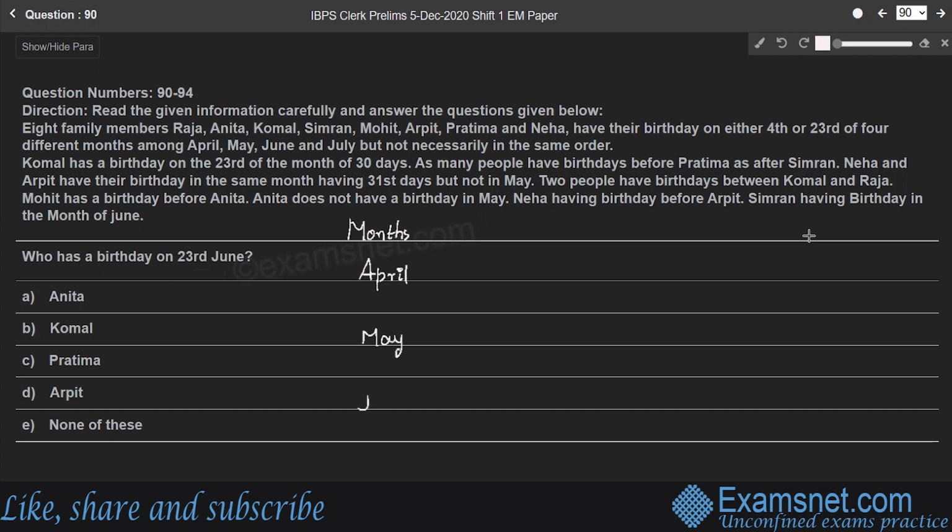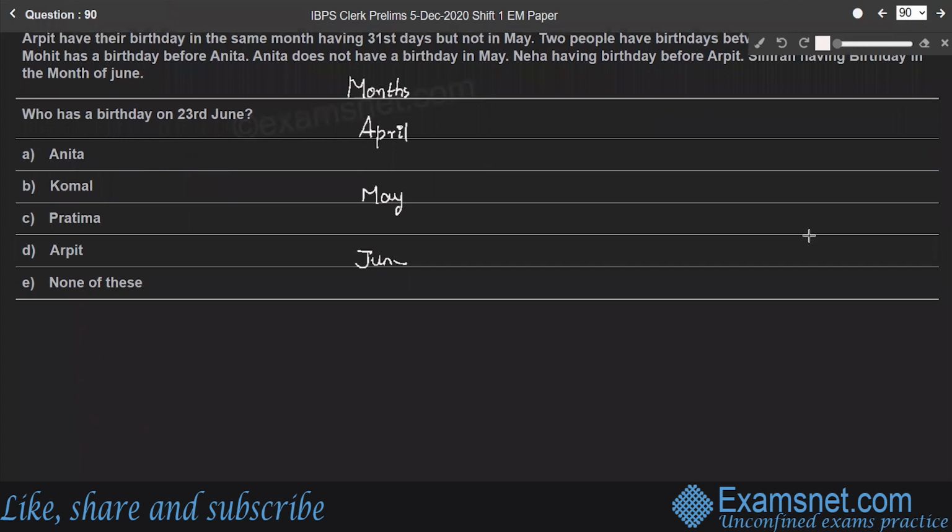They were born either on 4th or 23rd of the respective months, so each month has 2 dates, 4th and 23rd.